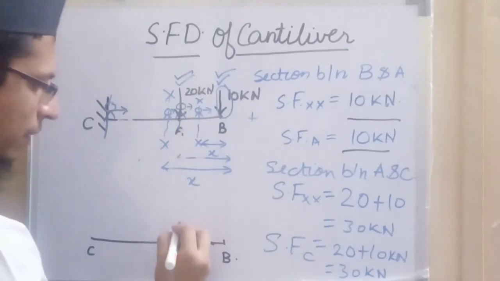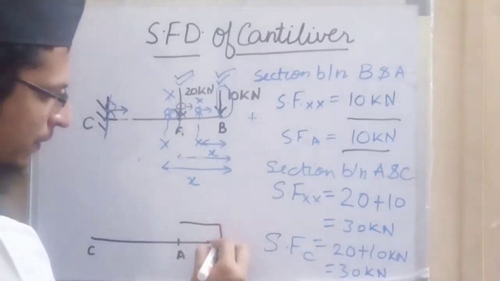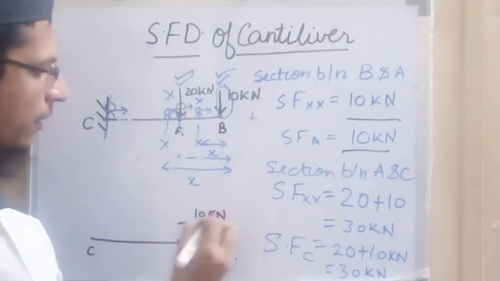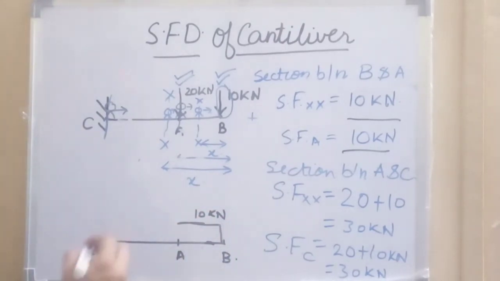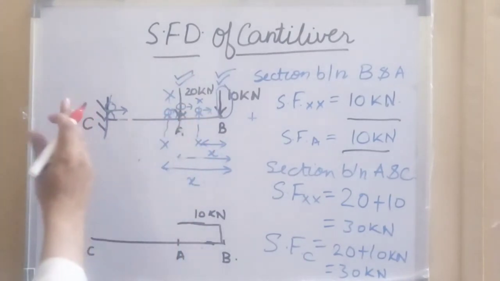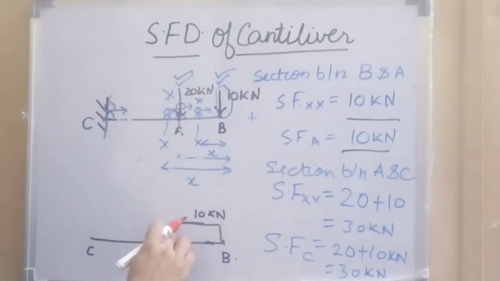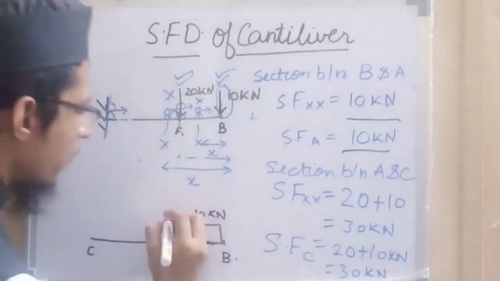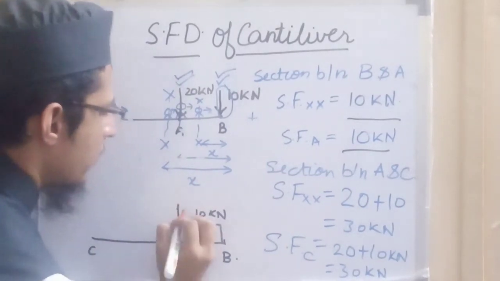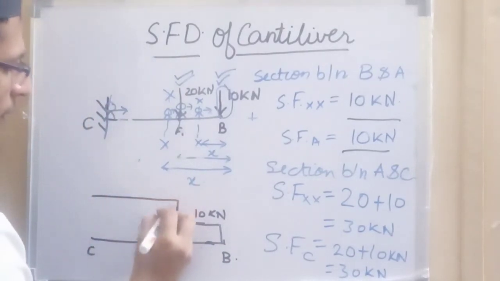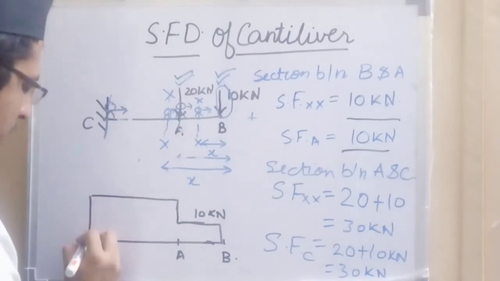So between B and A, it will be constant 10 kilonewton. At this junction at A, just before A we have 10 kilonewton, just after A we have 30 kilonewton. So it will be like this, and then it remains constant till C, that is 30 kilonewton.